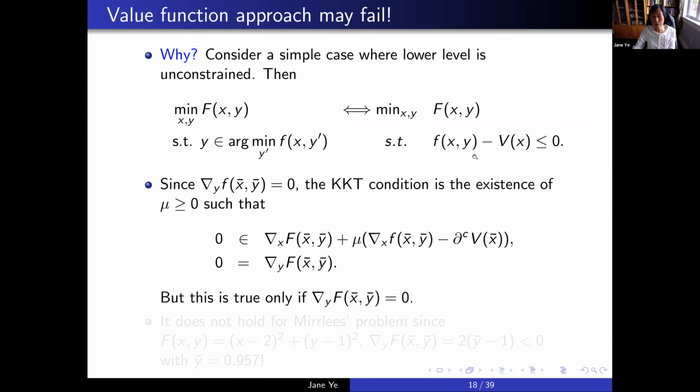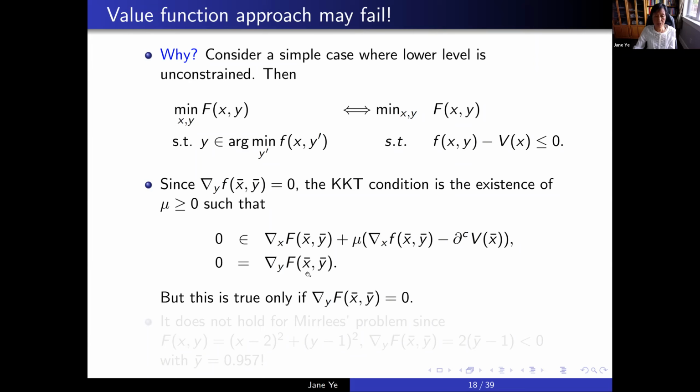And mu is a multiplier. And the second one, because the gradient of little f with respect to y is equal to 0, because it's optimal, right? So if we take the gradient with respect to y, we get this.